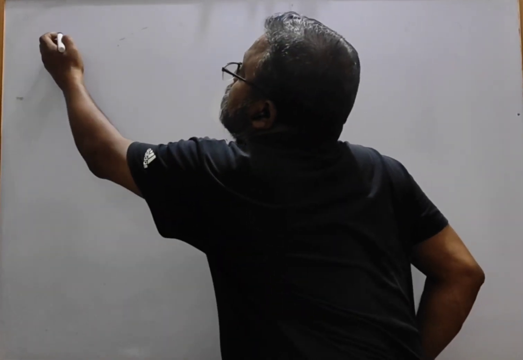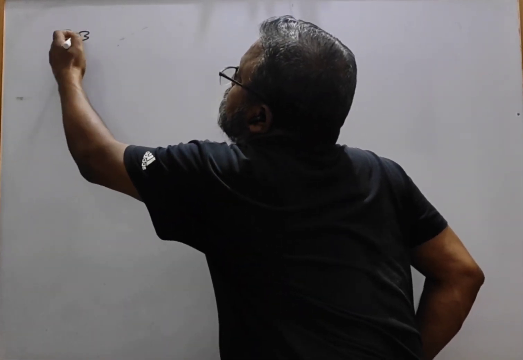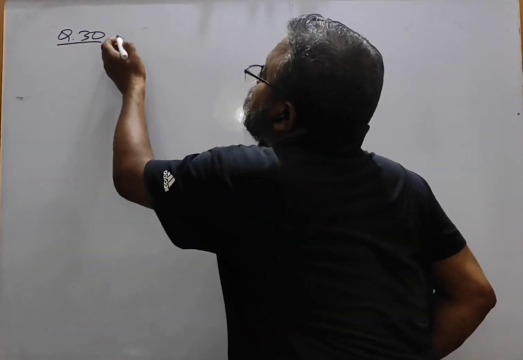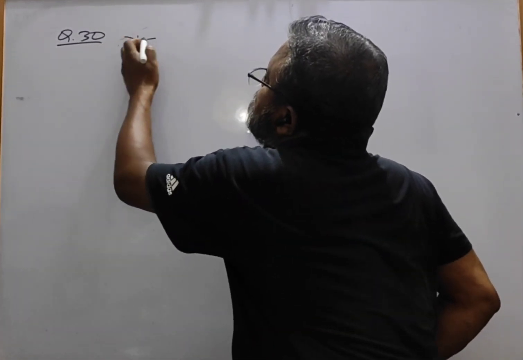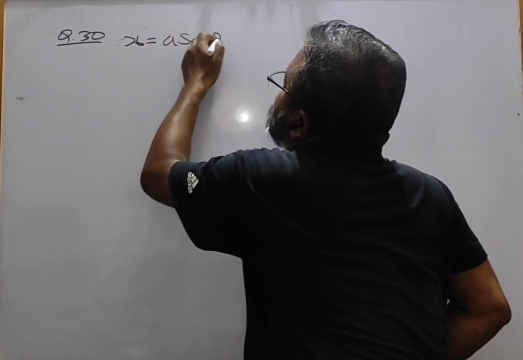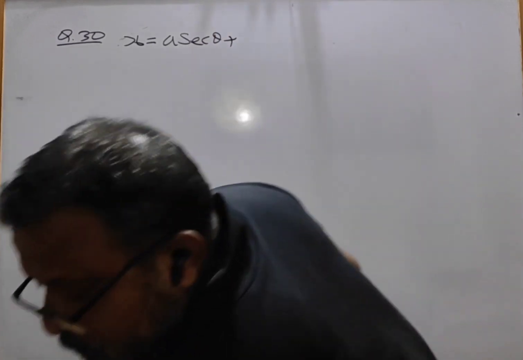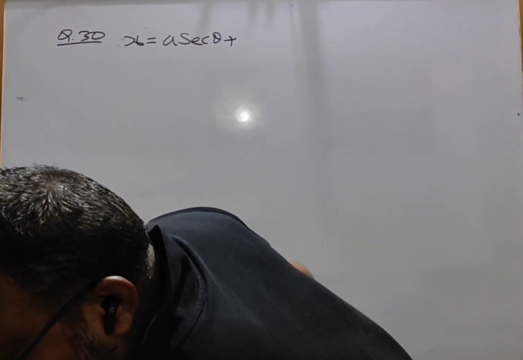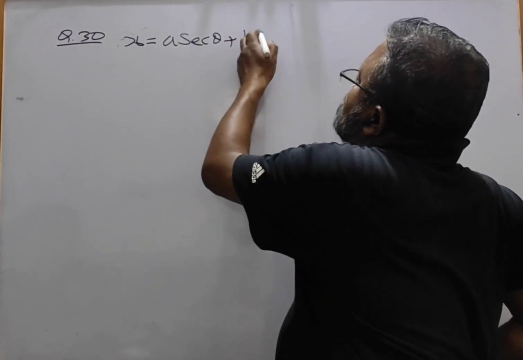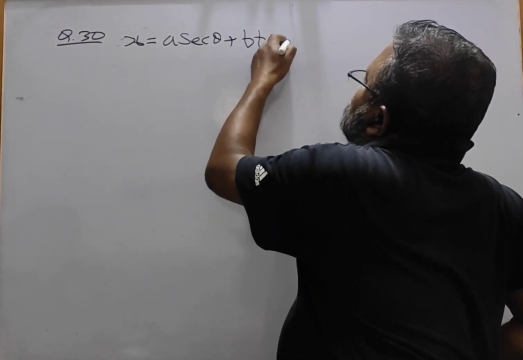So now question number 30. Right? What is that? x is equal to a sec theta plus b tan theta. Fine.